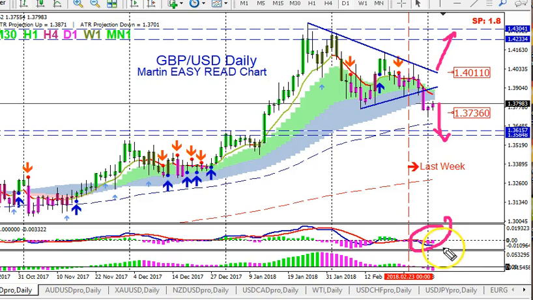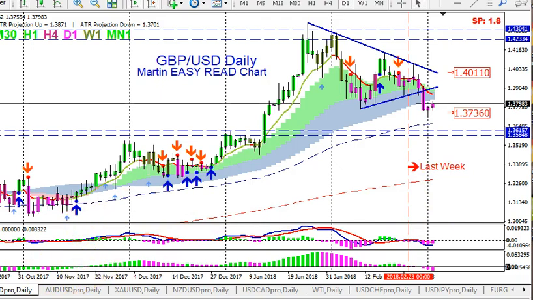So short-term, we have momentum to the downside, and the long-term trending indicator, you can see right here, shows that we're in a downtrend. So that's why I'm favoring further downward movement as this week goes along.